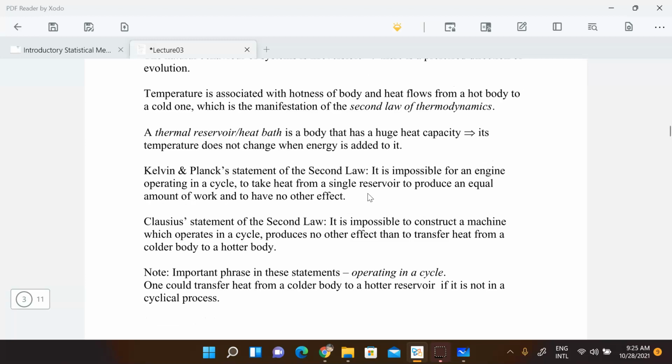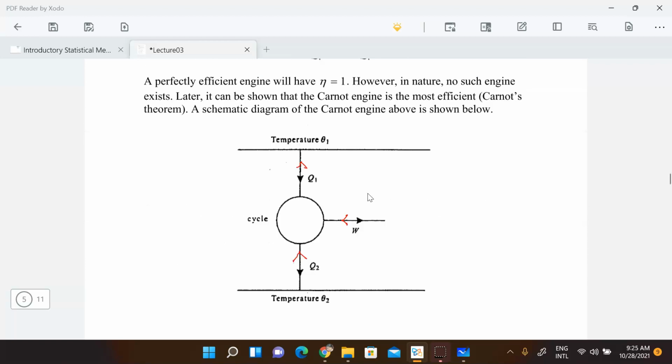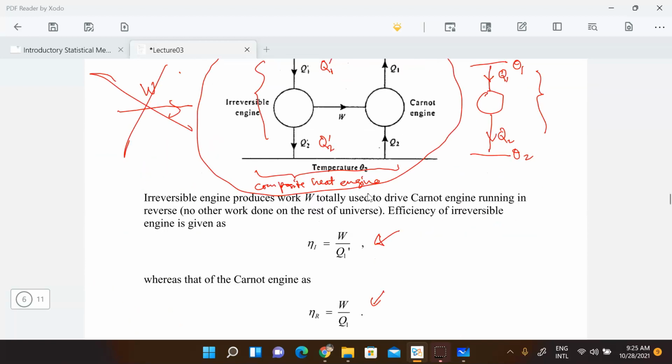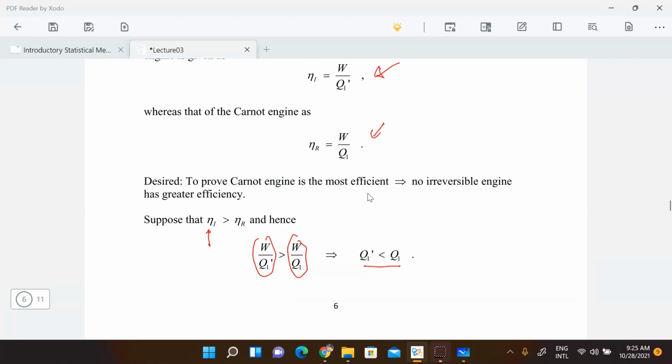So you recall that it's impossible to construct a machine which operates in a cycle and produces no other effect than to transfer heat from a colder body to a hotter body. But now we are actually doing that, if we assume this.